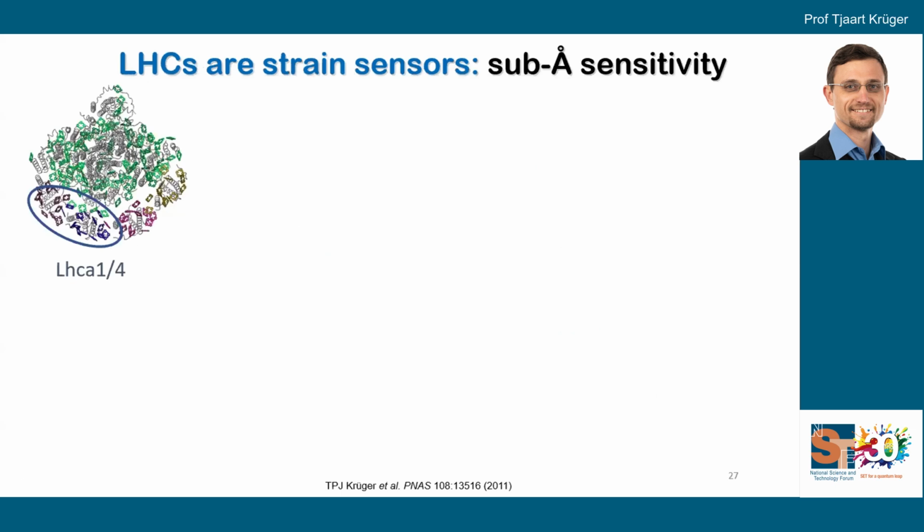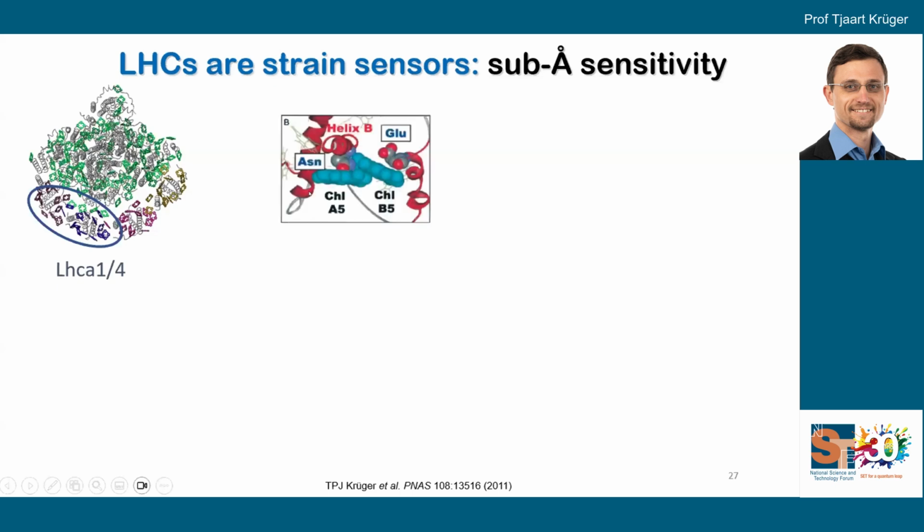A study which I did back in my PhD. I looked at one of the light harvesting complexes in photosystem 1 of plants, and specifically this light harvesting system. If you zoom into this system, there are two chlorophylls that are again very closely spaced. They are so closely spaced that they form this charge transfer state.